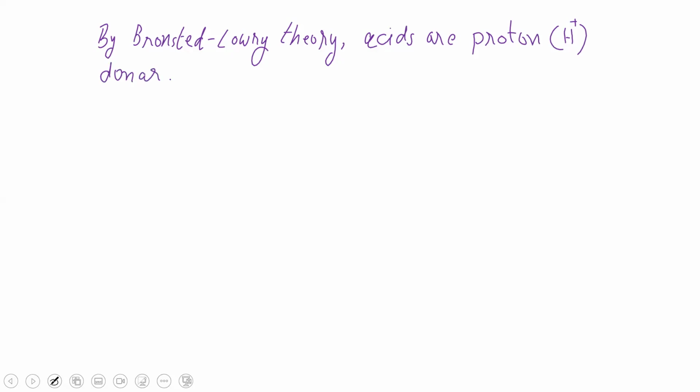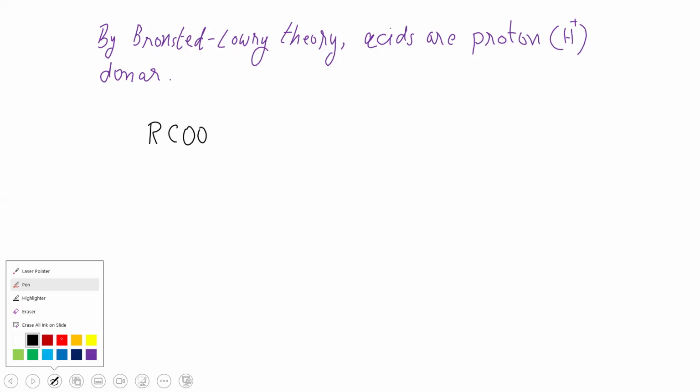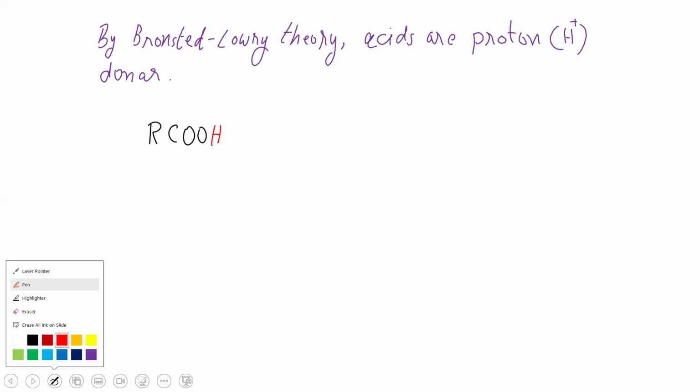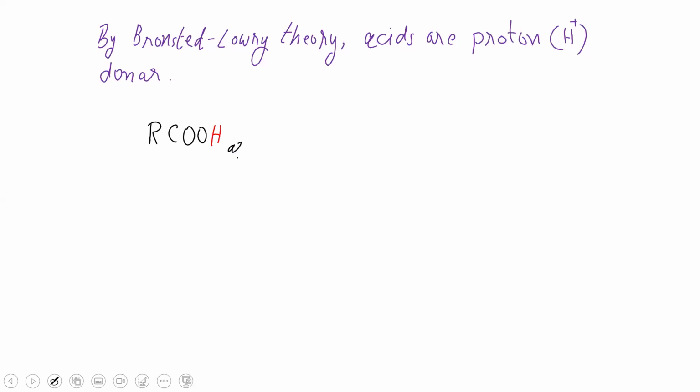Now look at how carboxylic acid will work here. Carboxylic acid contains this red hydrogen. When you put it in water, it releases H plus ions. This is the reason that it is an acid. It's a proton donor. This is how a carboxylic acid behaves.